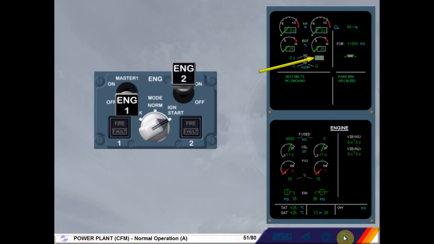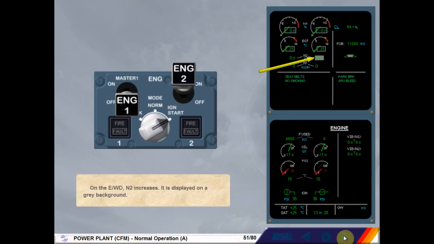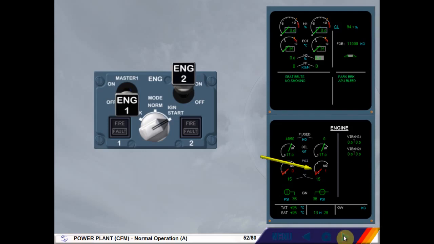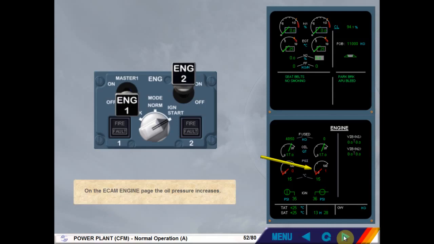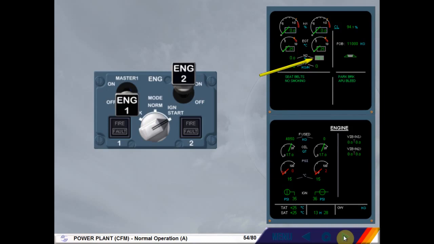On the engine warning display, N2 increases. It is displayed on a grey background. On the ECAM engine page, the oil pressure increases. At 16% N2, an igniter is powered.